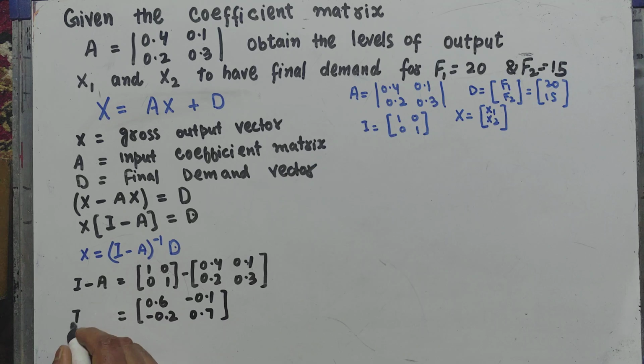This is our I minus A, the Leontief matrix. Now we need to find the inverse of this Leontief matrix.